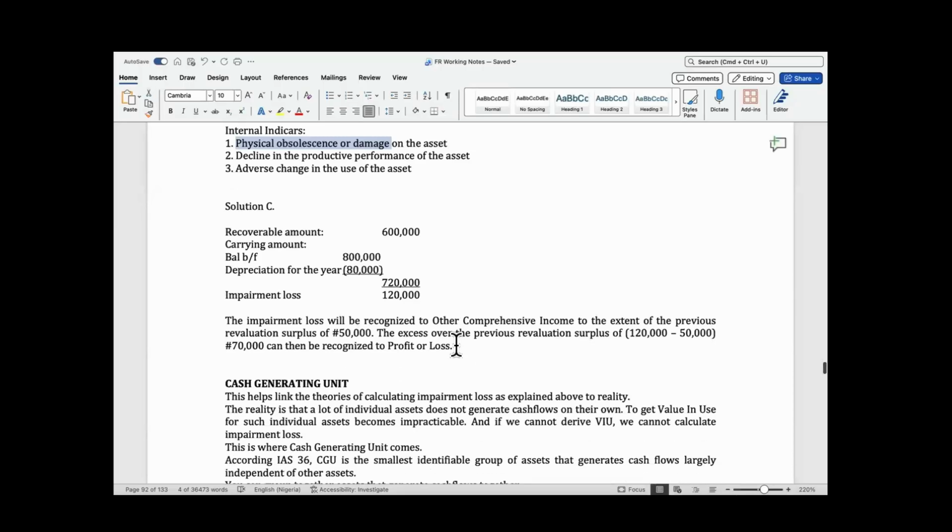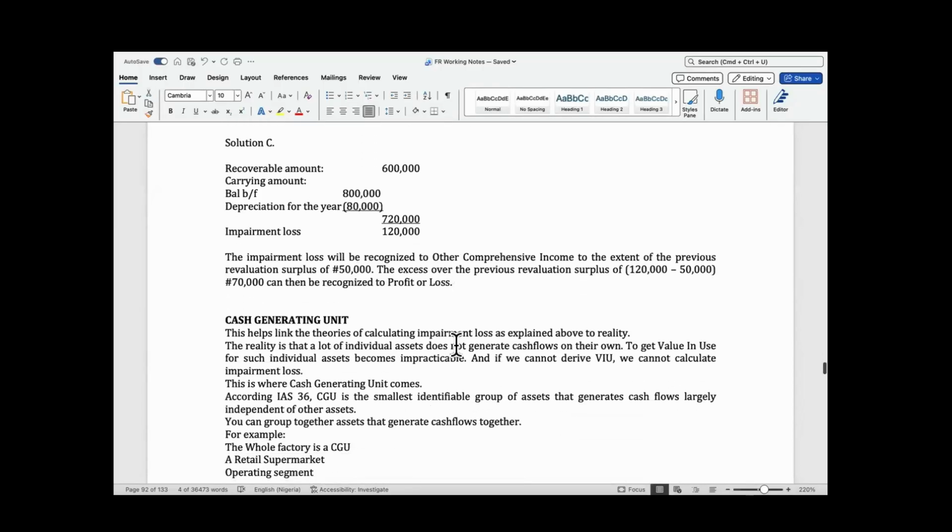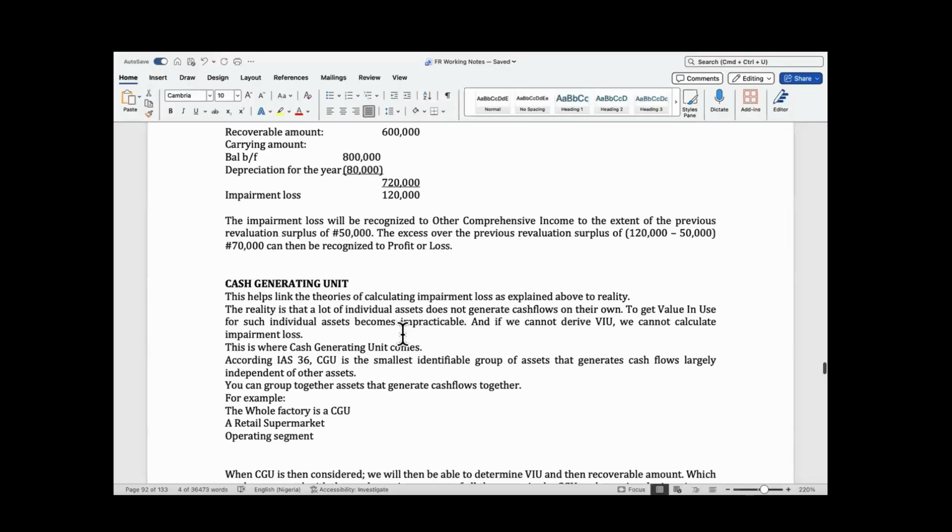Then we identified a gap in reality: you said you want to ensure that your asset is not above its recoverable amount, but there are a lot of assets whose recoverable amount cannot be determined. That's specifically value in use.